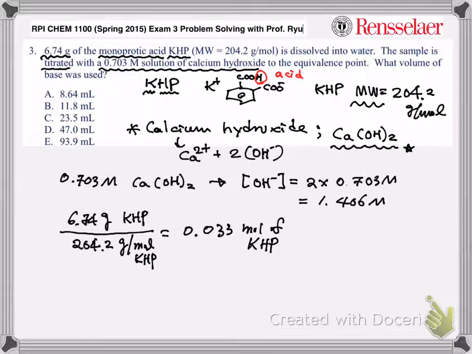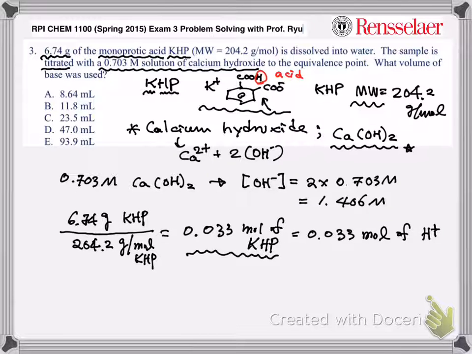So we got this compound contained in this acid, and this one will be reacted. In a way, the same statement can be made as the same moles of H plus can be generated from the KHP.